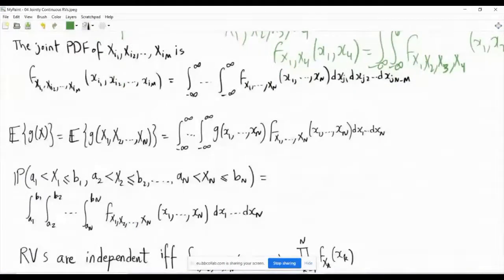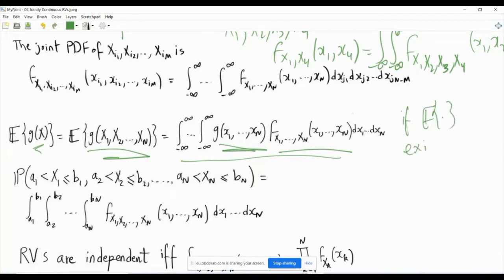The law of the unconscious statistician is also here. If you want the expectation, the first moment, of a function of those random variables, you take the function, multiply it by the joint PDF, and then integrate, and this is how you get the expectation. Here I am assuming that the expectation exists and is finite. This is implicit here.